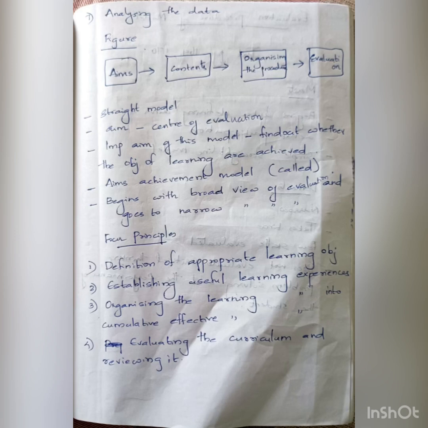The first one is definition of appropriate learning objectives. The second one is establishing useful learning experiences. The third one is organizing the learning experiences into cumulative effective learning experiences. The fourth one is evaluating the curriculum and reviewing it. You should write the principles as points alone. No need to explain everything.